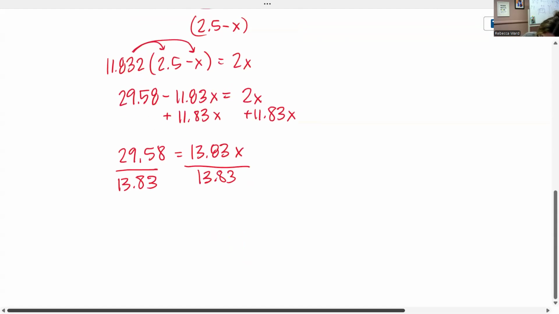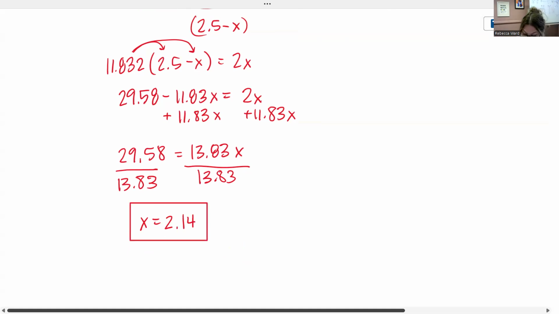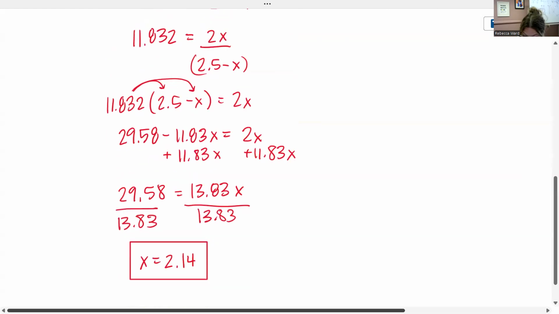So x equals 29.58 divided by 13.83, which is 2.14. Okay. All right, and then we say, does that make sense?